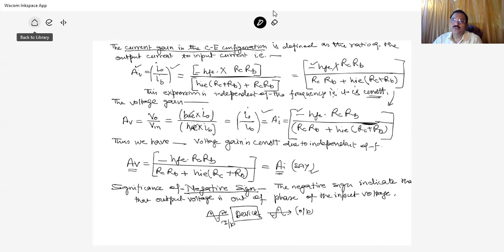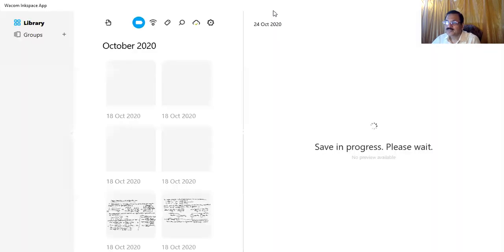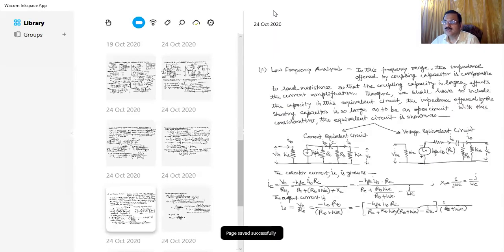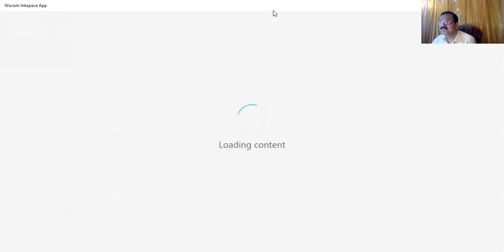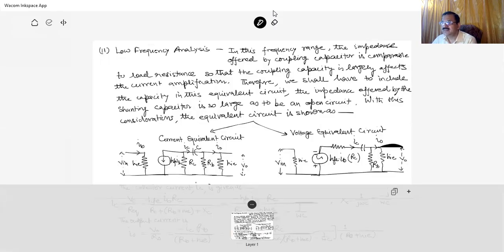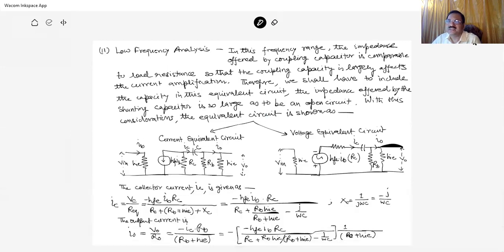So this part is there, and now we can have two different cases. These cases are the low frequency region and the high frequency region. So let us consider first the low frequency region.